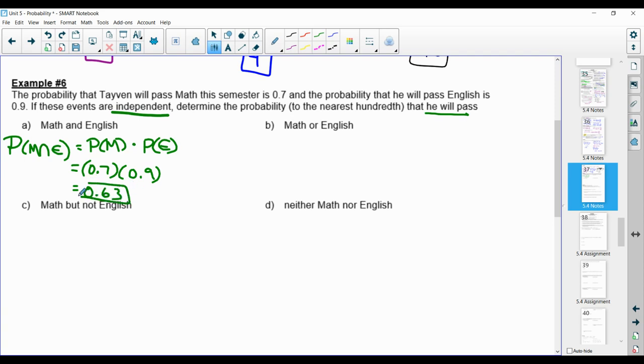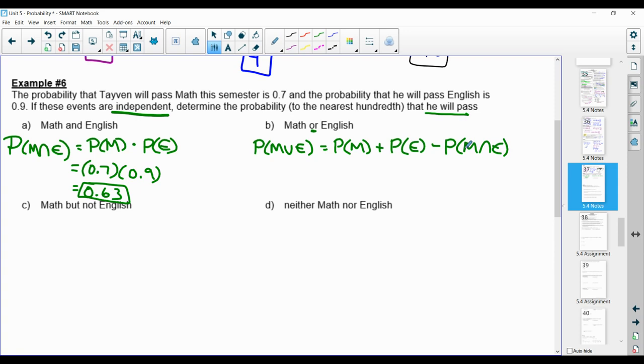So again, and in math means multiply, and there's no conditional probability to worry about, so we're just multiplying our numbers. Or, what's the probability of passing math or English? Or means add. So the probability of passing math or English is going to be the probability of passing math plus the probability of passing English minus the probability of passing both. Now, if the probability of passing both was 0, then we would just subtract 0.